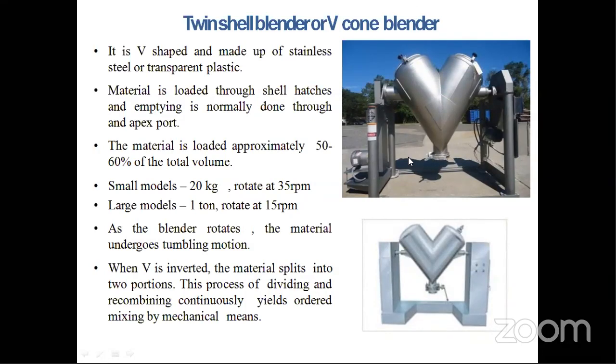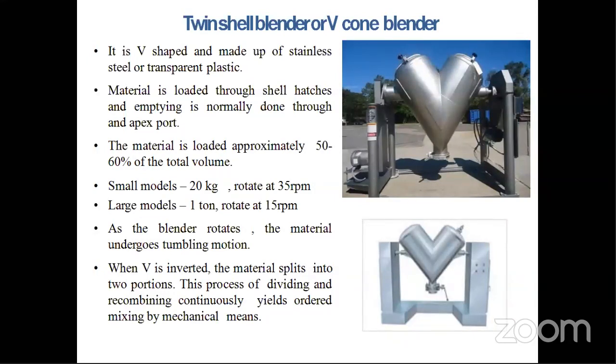In this process, you load 50 to 60% of the total volume of the material into the V-cone blender. If your blender is 20 kg in capacity, you rotate the blender at 35 rpm. For large models, meaning 1 ton capacity, it is rotated at 15 rpm. As the blender rotates, the materials undergo tumbling motions.